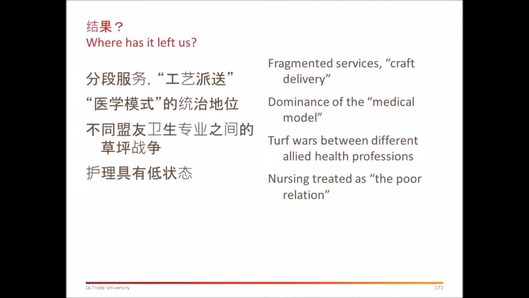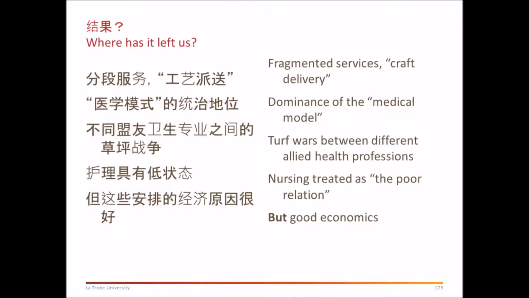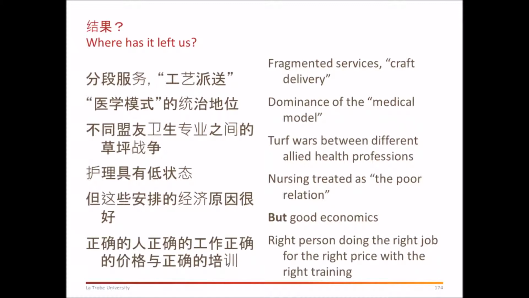As a result, nursing has historically been treated as the poor relation, and nurses seem to pick up the roles and the treatments after 5 o'clock when all the allied health professionals go home. But even so, as a system, this is good economics, because a craft-based system does provide the opportunity to ensure that we're getting the right person to do the right job for the right price with the right training.